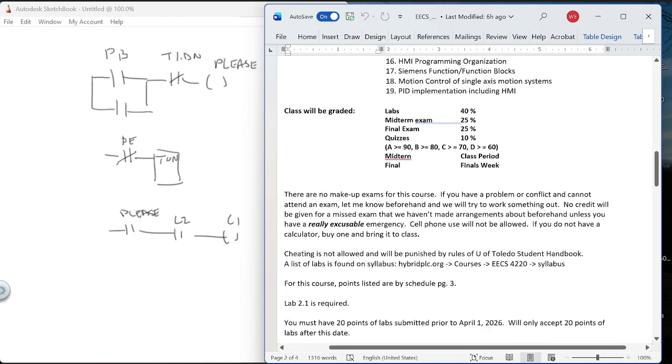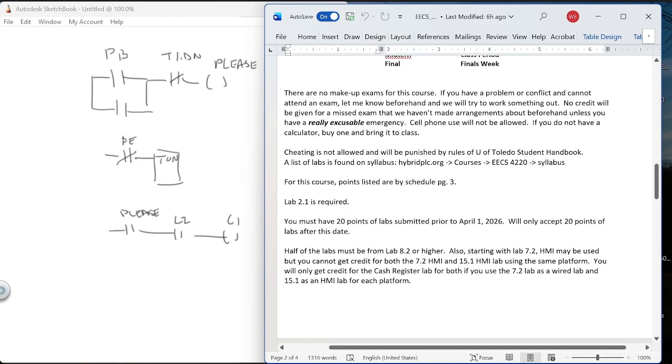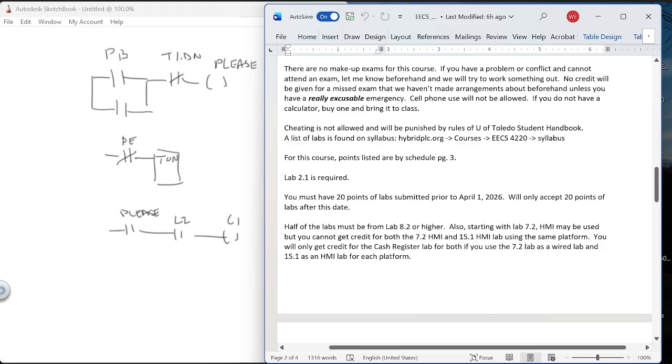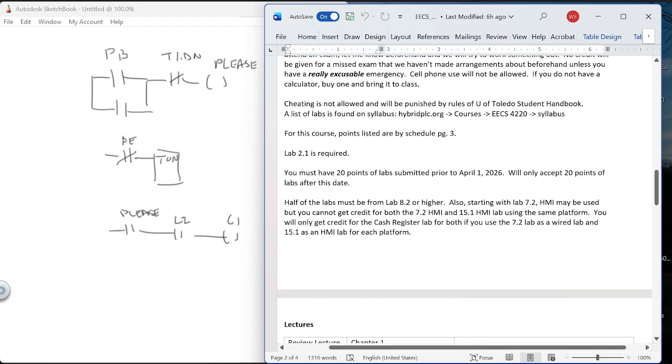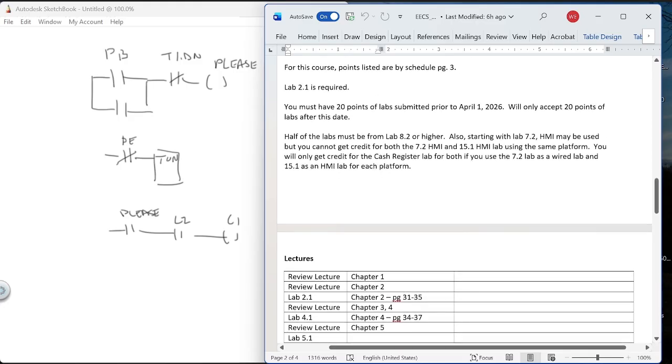Everybody understand that you have to have 20 points by the end of March, the 1st of April. I have two grade sheets: the before April 1st grade sheet and the after April 1st grade sheet, okay? And yes, there's a little bit of give, a 3 or 4 day give. Oh, okay, I'll give you a couple of days. But once about April 5th starts to set in, April 3rd, whatever, in that time frame, no more, done.